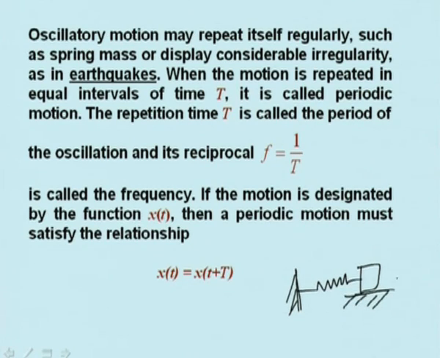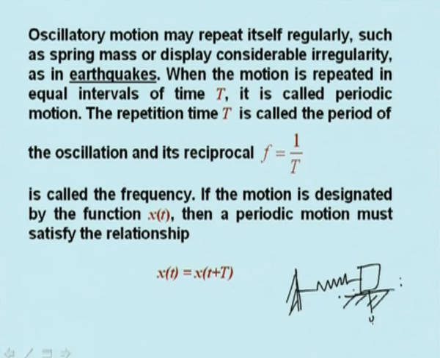We know that at 0 second it was here, at 5 seconds it went there, again after 5 more seconds it came here, then it went here. So this type of behavior keeps continuing, or it may display considerable irregularity, like earthquake vibrations, which are irregular.